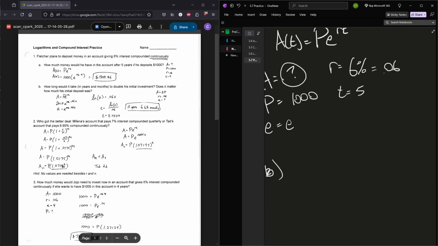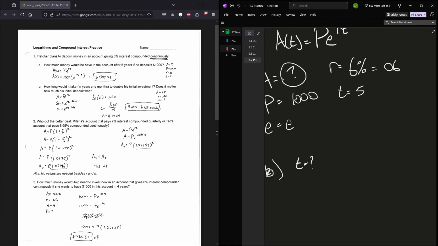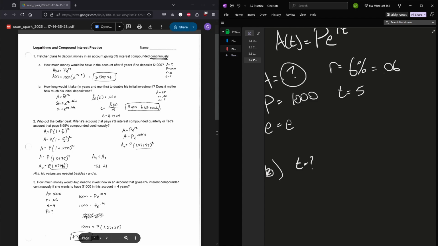We want, how long is time? And when you look at this problem, I said it before, only the parts in A are still relevant, unless it says in part A you found this, use it for part B. Part A, like question 1, what's written here applies to everything, and A only applies to A and B only applies to B. So T is unknown.